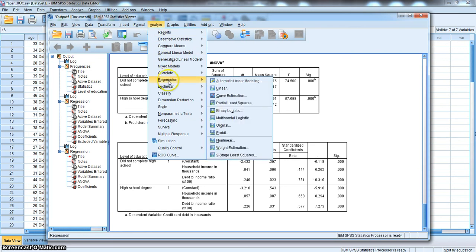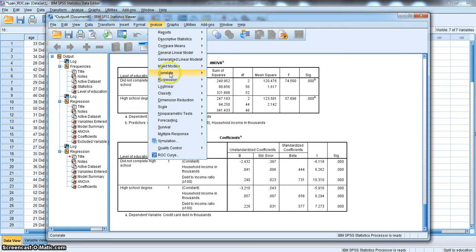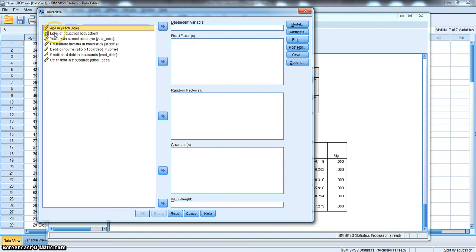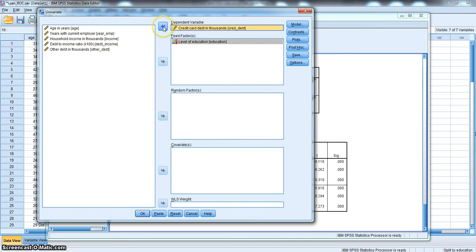So click on Analyze. We're going to click on General Linear Model, Univariate. Level of education is your independent variable. Credit card debt in thousands is your dependent variable. We now know that household income in thousands is a covariate, and debt to income ratio is a covariate.